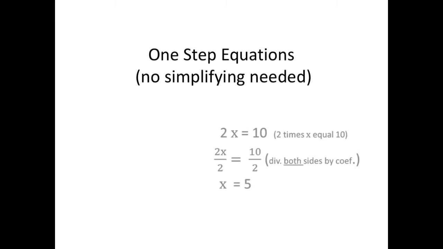So to eliminate this 2, we're going to do the opposite, which is divide both sides by 2. So when we divide 2x by 2, we get x, and of course 10 divided by 2 is 5.